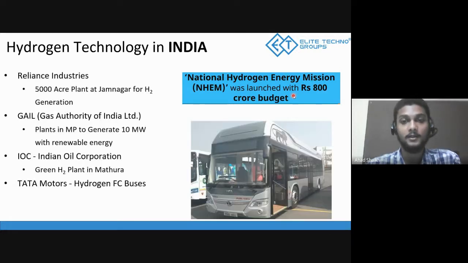Reliance has taken the initiative to develop a plant on a 5,000 acre area, where they will generate hydrogen to be used for fuel cell purposes. The Gas Authority of India Limited has set up a 10 megawatt hydrogen generation plant in Madhya Pradesh, and Indian Oil Corporation is also working on the development of green hydrogen in Mathura.